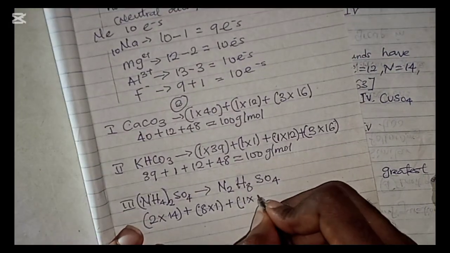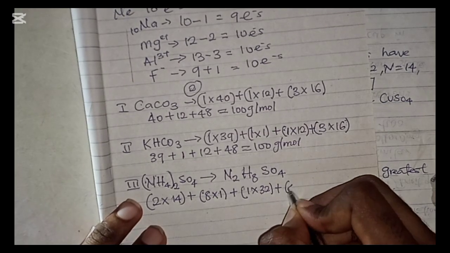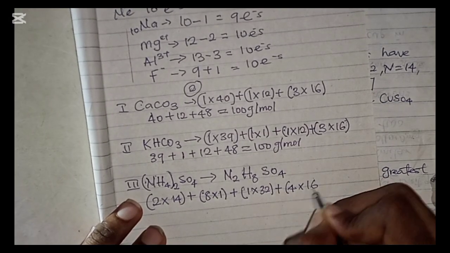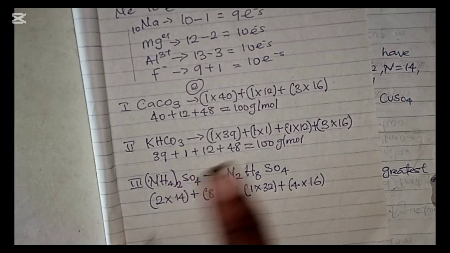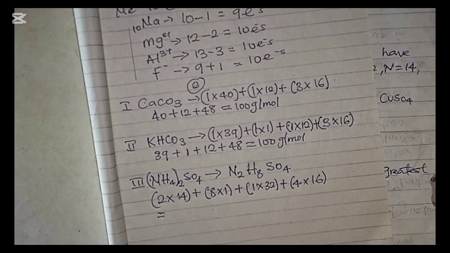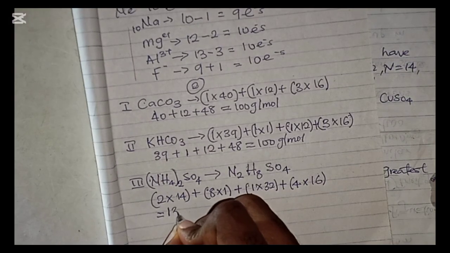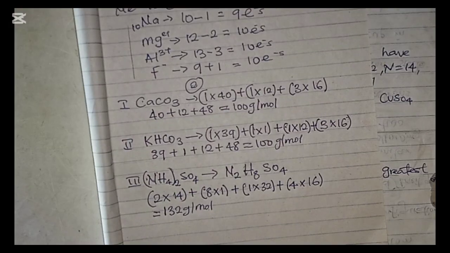So 1 times 32 plus oxygen is going to be what now? 4 times 16. Now, if you just do this and sum all of them together, you would have an answer of 132 grams per mole. Now this is for III.